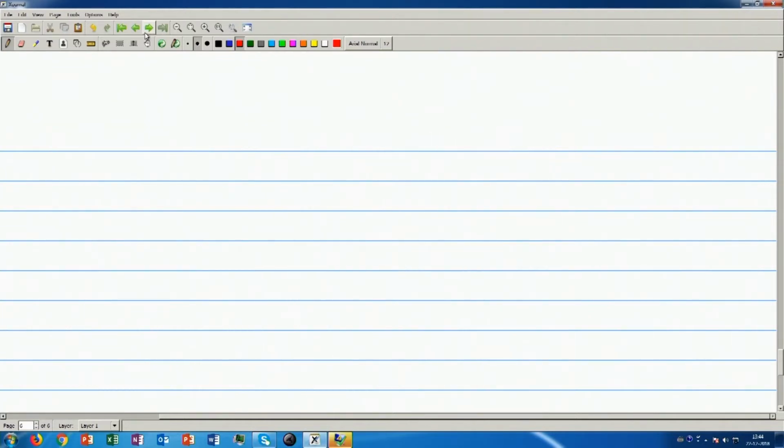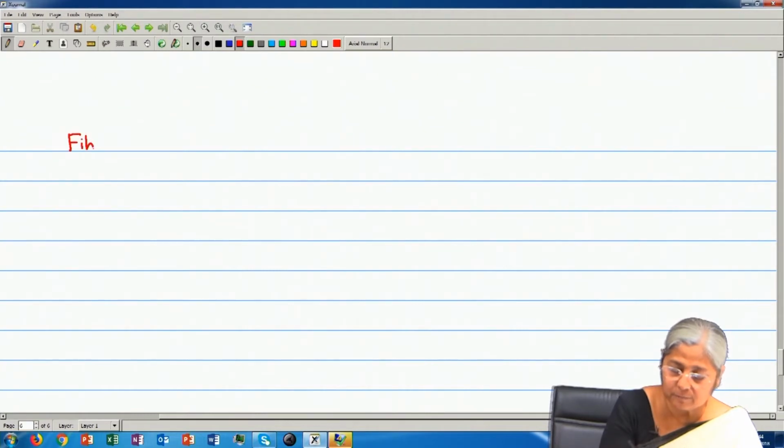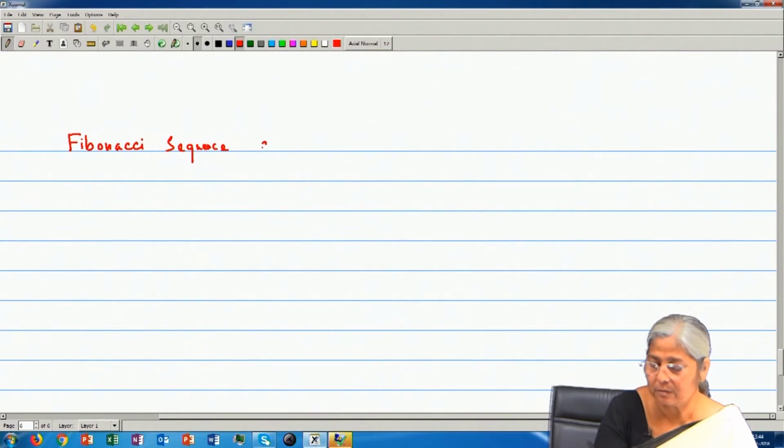So, if we prepare the list, we can compare the Fibonacci sequence and the Lucas sequence.